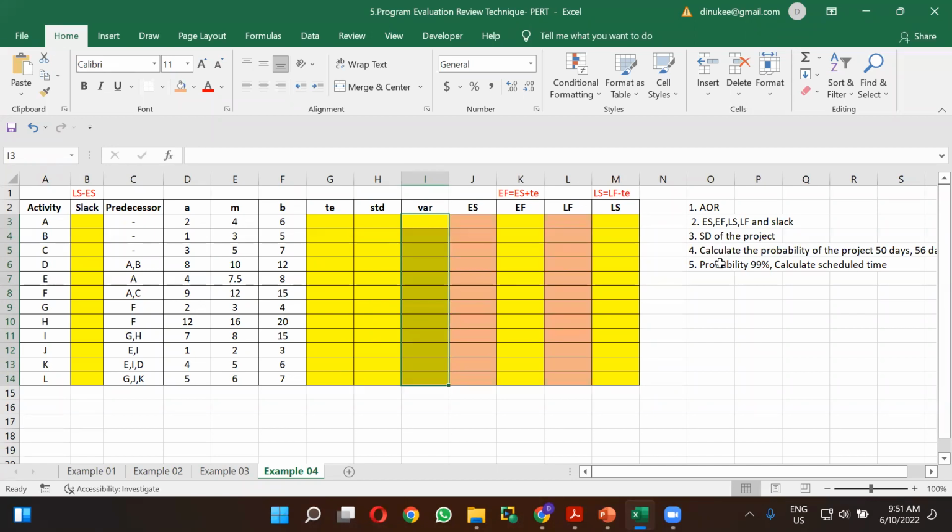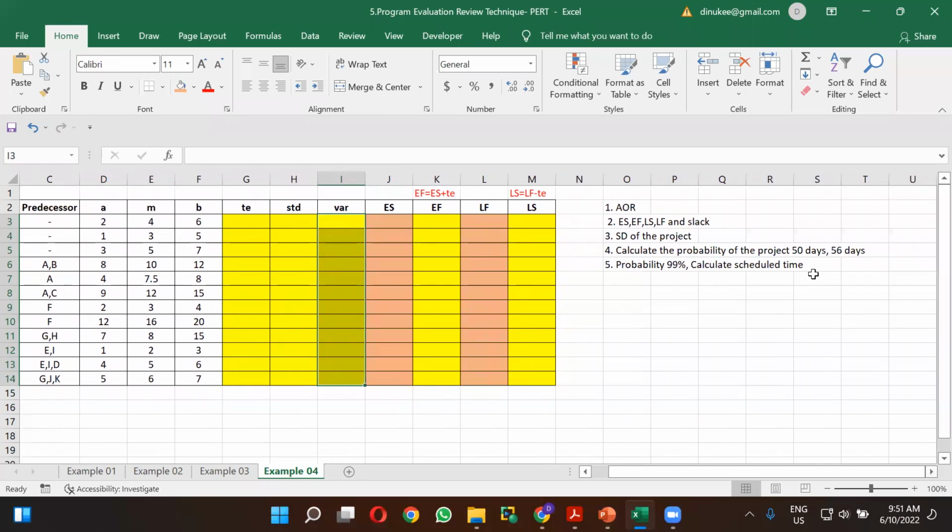And next, the fourth question is to calculate the probability of the project. If the scheduled time for the project is 50 days, what is the probability that you are going to finish that project?